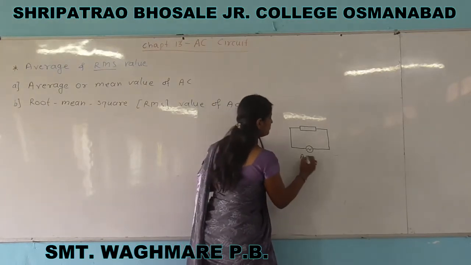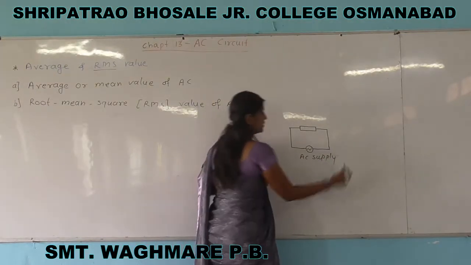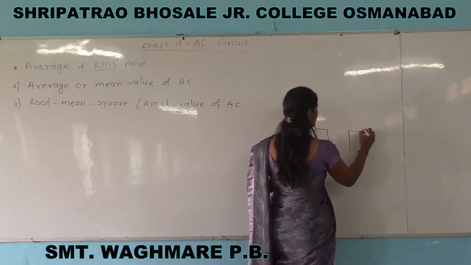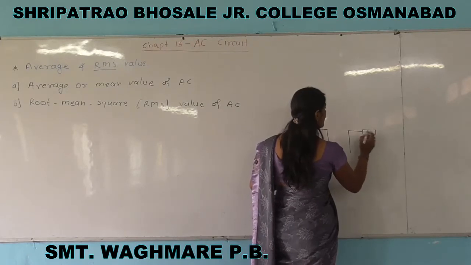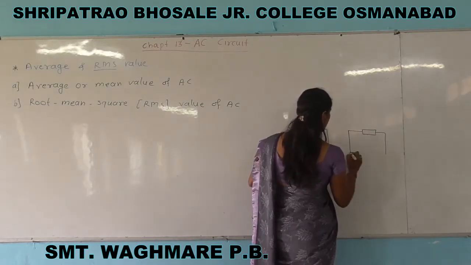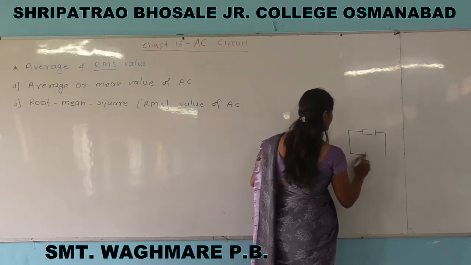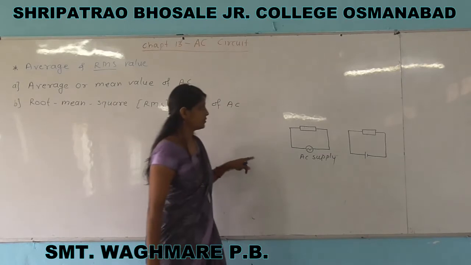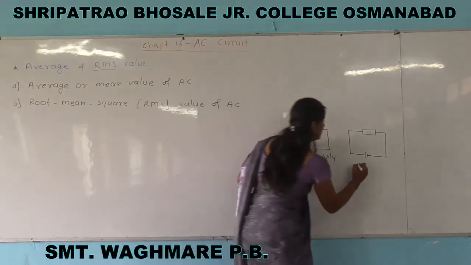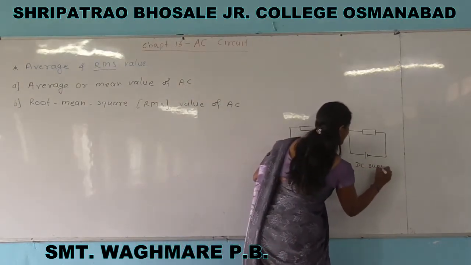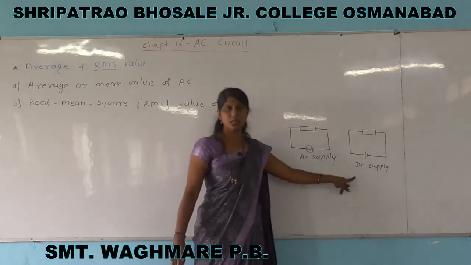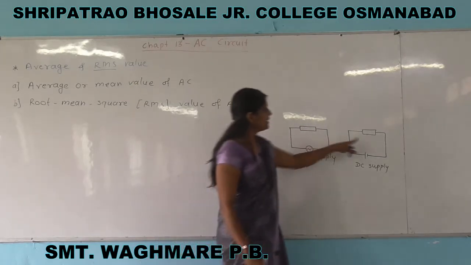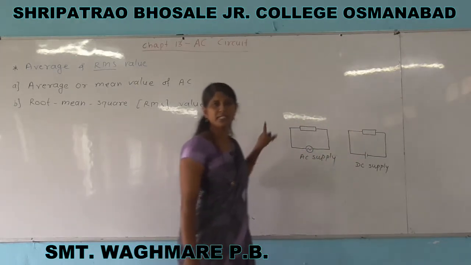Then the same device is taken, and when we give this DC supply, in DC supply the polarity remains constant. We can use a battery or cell for the DC supply. The device is the same, the resistance of this device is the same.